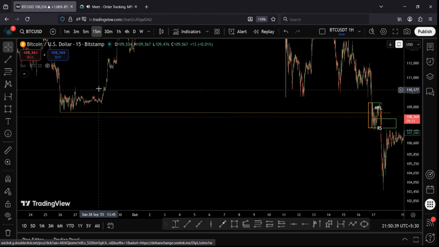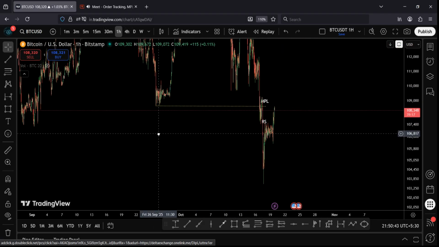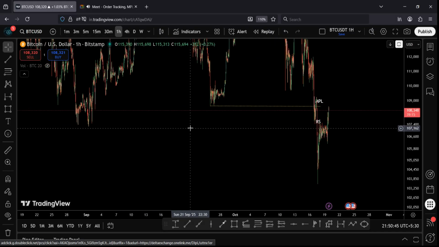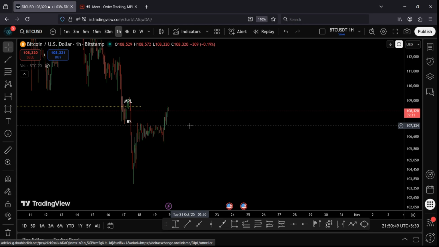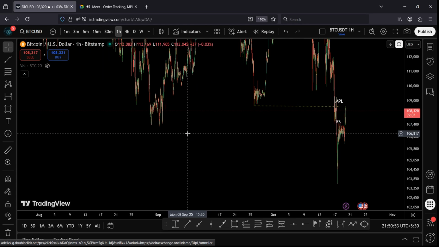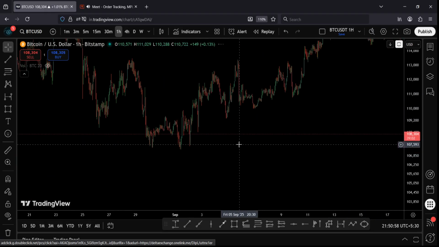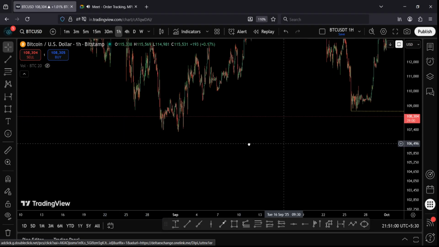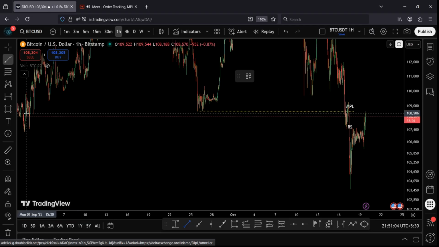So if we look at the left side, like on the hourly chart, look at this left side here. Another support was here.